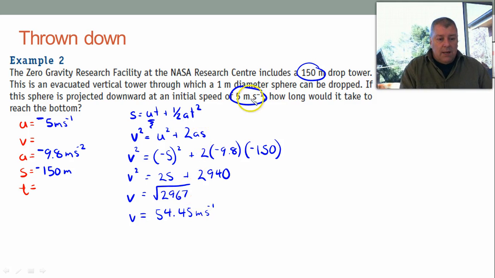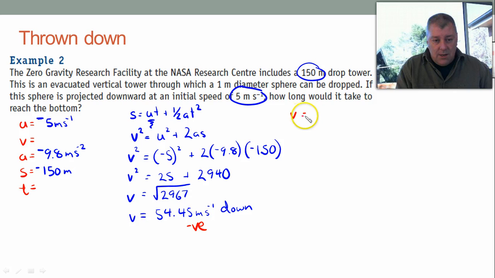Now we've thrown it down, gravity's acting down, so it's going to be down. The only trick there that we need to recognize is that this is going to be negative because it's down.